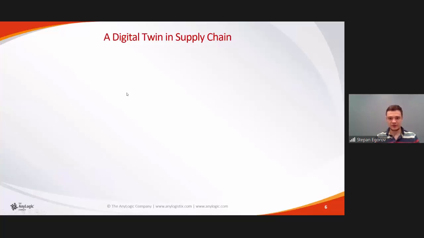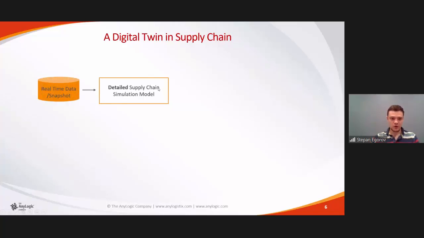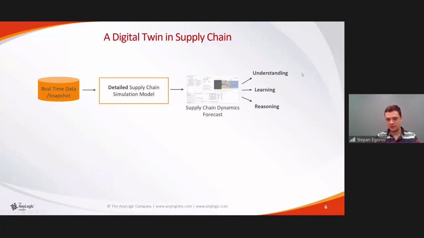A digital twin in supply chain is a detailed simulation model of a supply chain, of a logistics network, connected to some real-time data snapshot using some real-time data from operational systems. And the model provides supply chain dynamics forecast, which allows for understanding, learning, and reasoning.